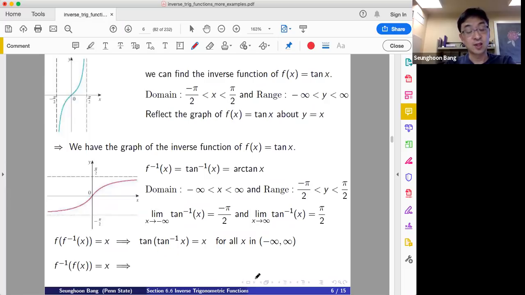The next one, inverse of f of x equals x, the same: inverse tangent of tangent of x equals x for all x in the domain of the tangent function, between negative pi over 2 and pi over 2. So for solving this problem.